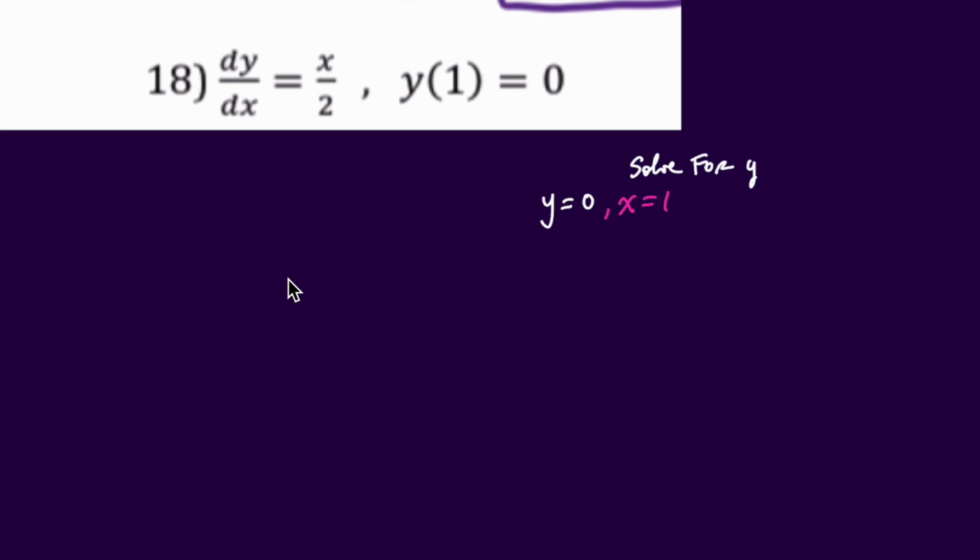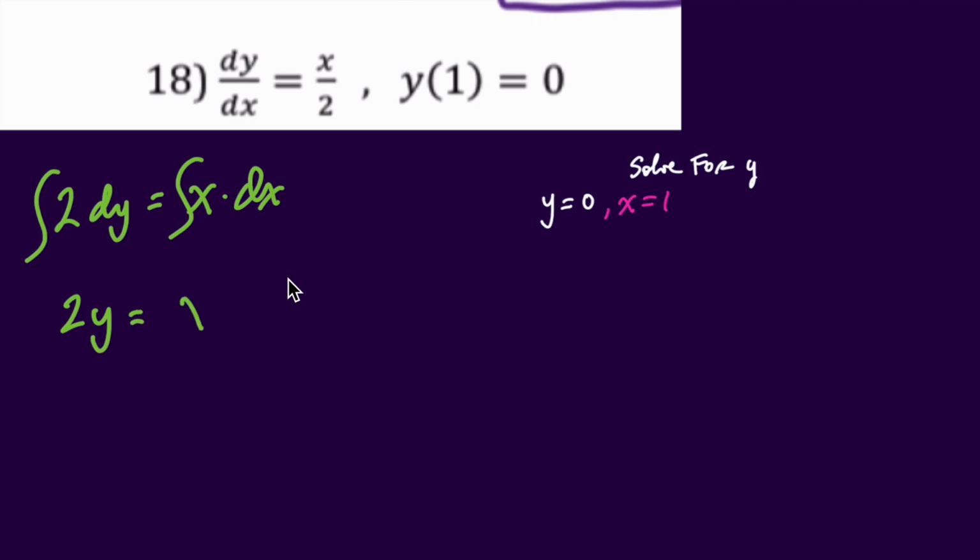So let's multiply both sides by 2. That's going to yield 2 dy on the left, and multiply both sides by dx. Let's now integrate both these sides. We're going to pull out the 2, and we're going to end up with 2y on the left. And on the right, we're going to have x squared over 2 plus c. Okay, this is an excellent time to plug in these initial values to solve for c. You want to do it early.